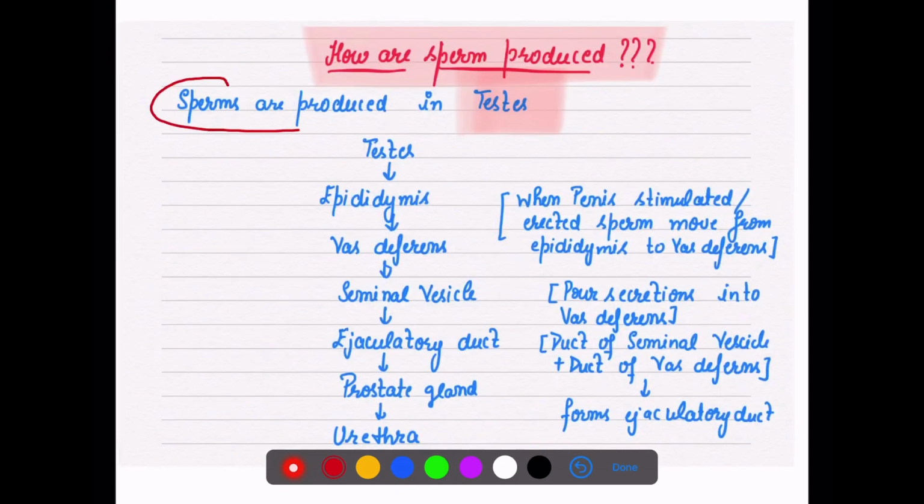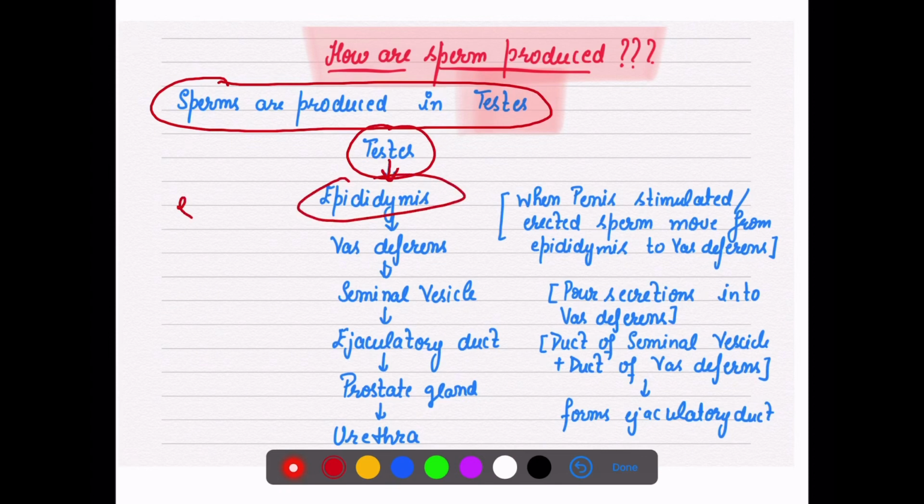So sperms are produced in the testis. Testis is the place where the formation of sperm happens. Then they go to the epididymis for maturation. This is the place where sperms are stored.